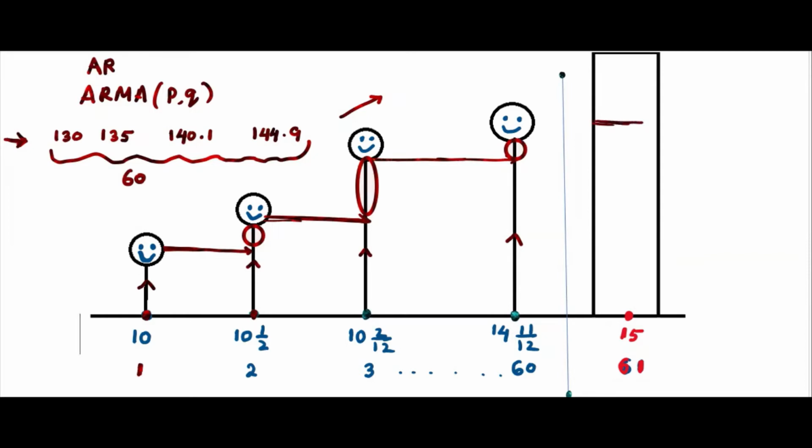Though our answer will not be the increment, our predicted value will be the total value, but first we'll find this one, then we'll add this value to the last value we have here. Okay, suppose it's 180.